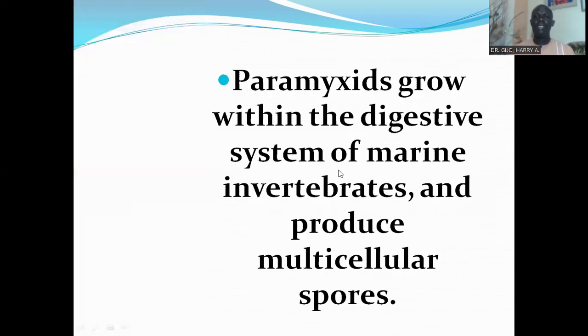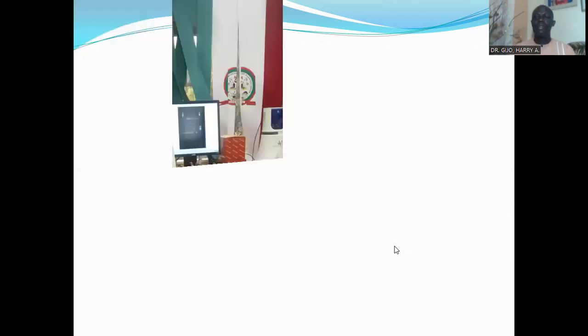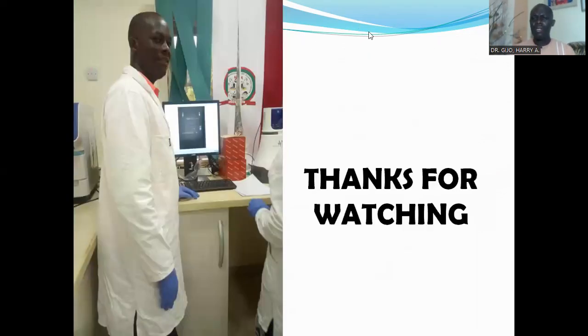On the other hand, the paramyxids grow within the digestive system of marine invertebrates and produce multinuclear spores.